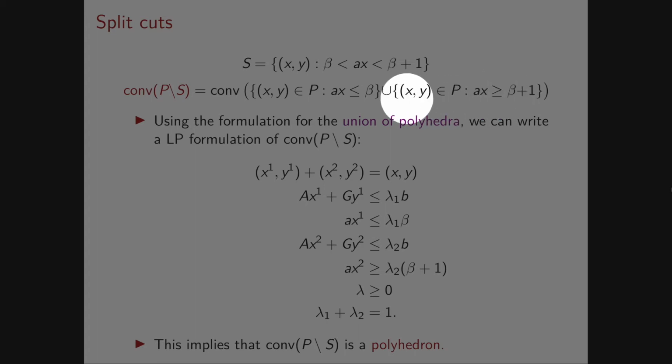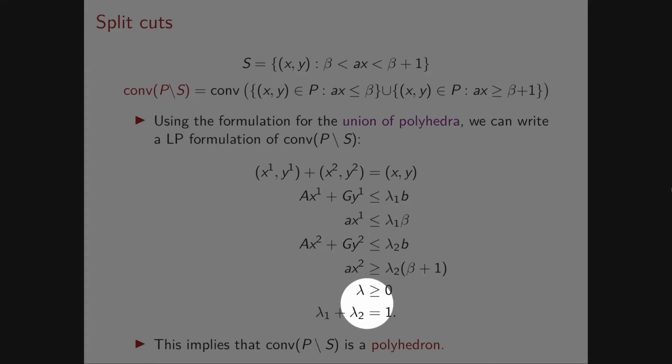So this is the convex hull of union of polyhedra, and we can just use Balas' formulation. We create a copy of the original variables for one of the two sets and a second for the other set, and we have that the original variables are the sum of the two. Then we write one of the two sets with variables x1 and y1 and with the right hand side multiplied by lambda 1, and same thing for the second set.